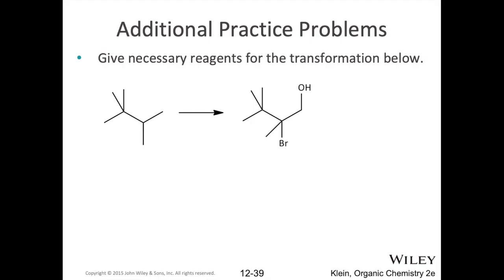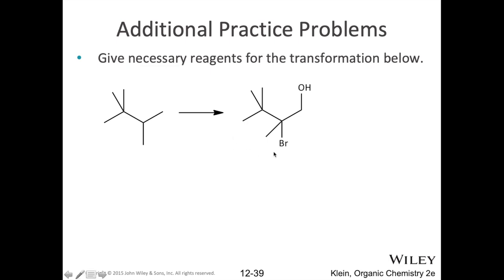The problem with that is when you start paying attention to your regiochemistry, notice that your bromine is on your more substituted carbon and your alcohol group's on your less substituted carbon. This is a little tricky because you have to remember with your halohydrin reaction, it's the other way around. Your water is your nucleophile, and so the alcohol group winds up adding onto your more substituted carbon.